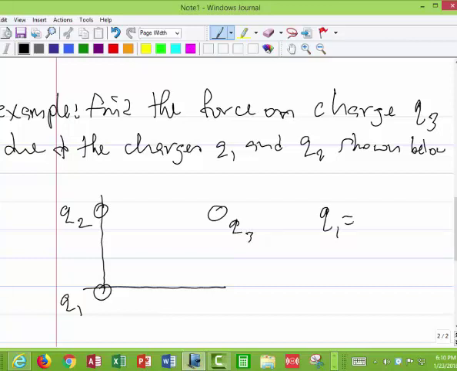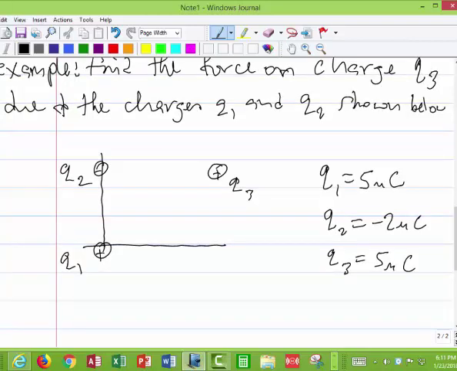Let's say Q1 is a charge of 5 microcoulombs. Q2 is -2 microcoulombs. And Q3 is also 5 microcoulombs. So these are both positive charges, and a negative charge.